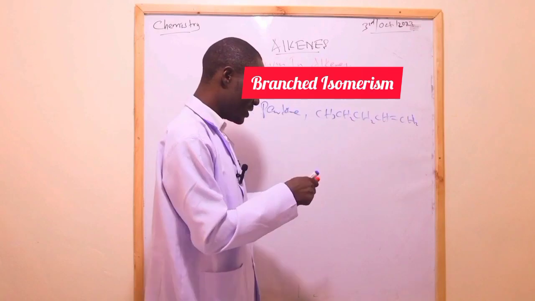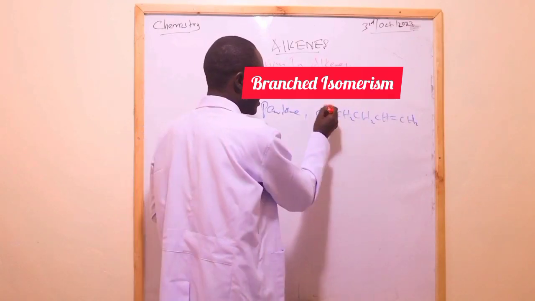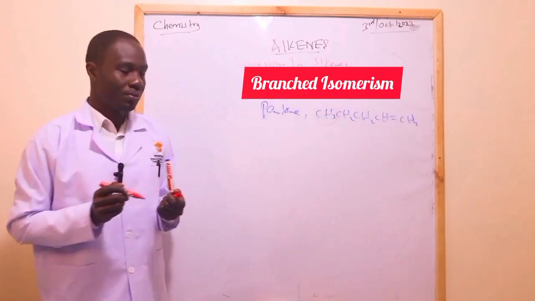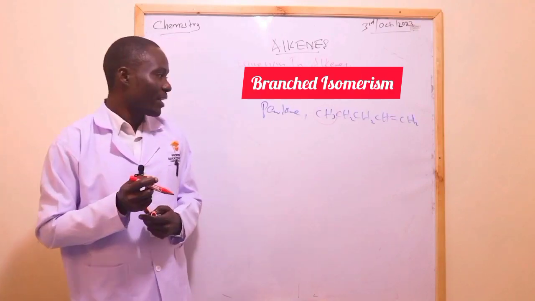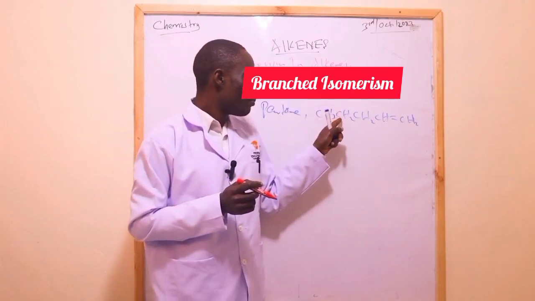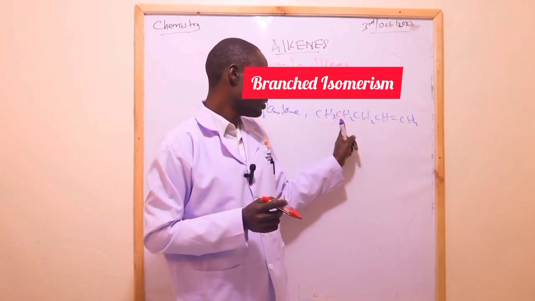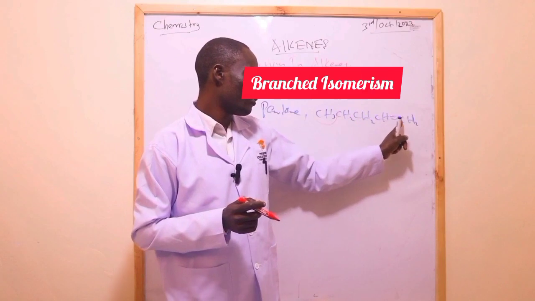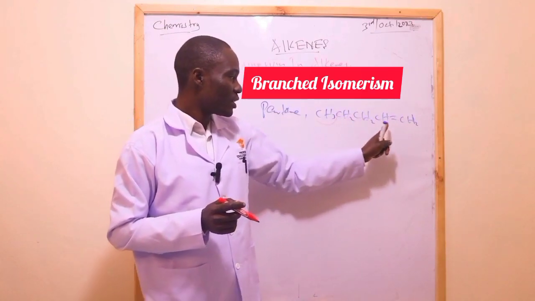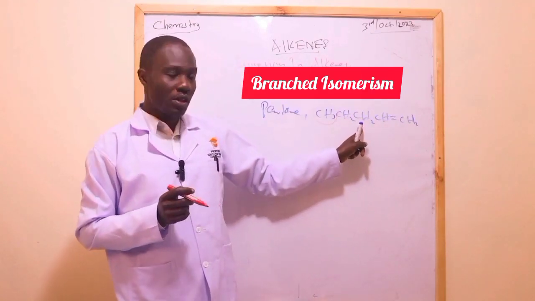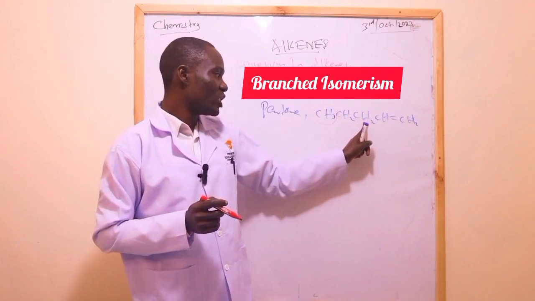So should we detach this methyl group, that is the CH3, how many carbons will be left in this chain? It will be 1, 2, 3, 4. So among the 4 left, only two will be middle, a CH2 and a CH.